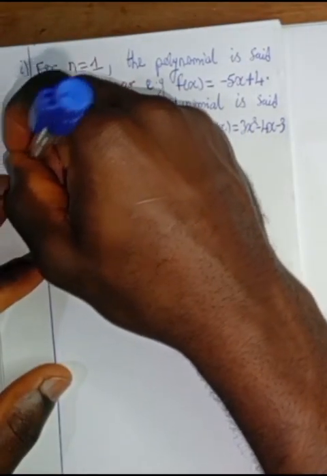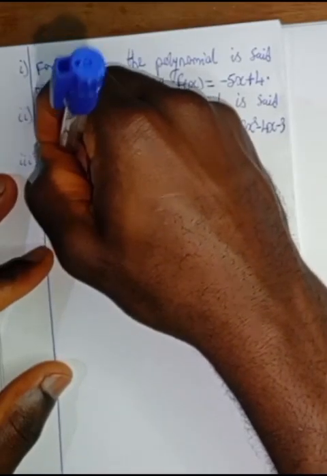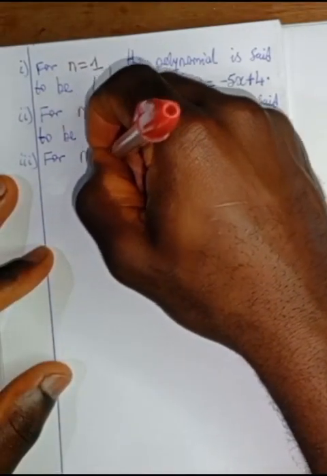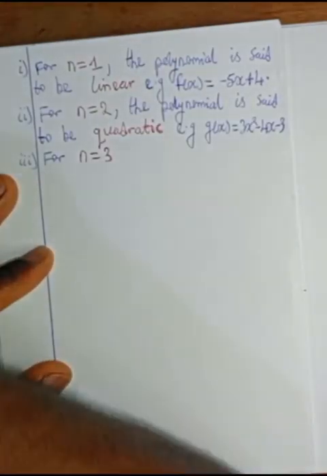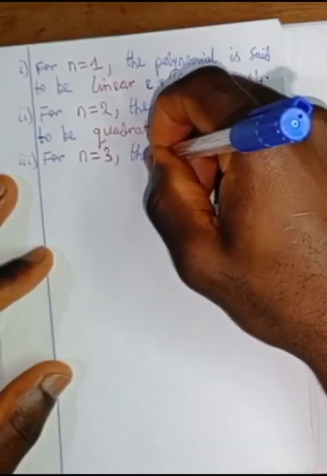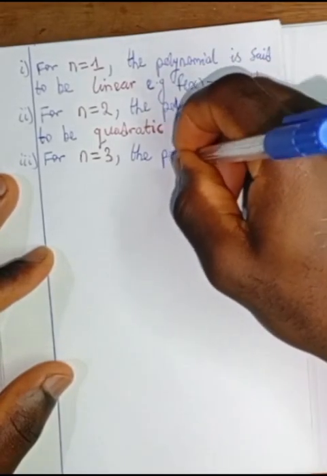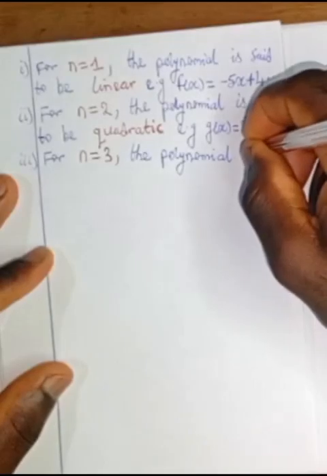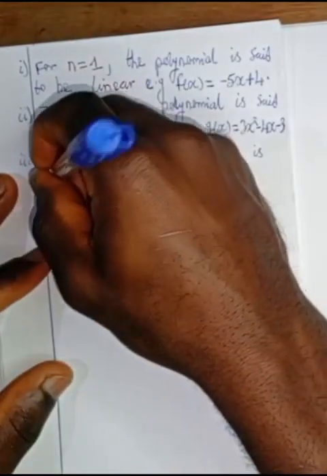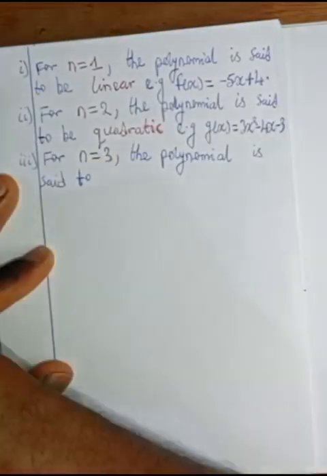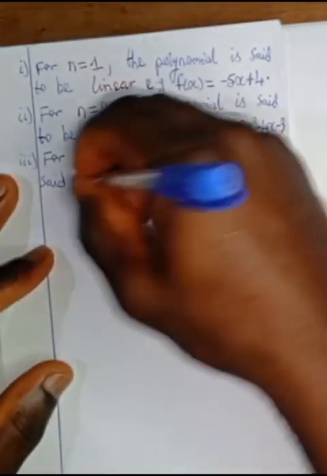We go to 3 for n equal to 3. The polynomial is said to be cubic.